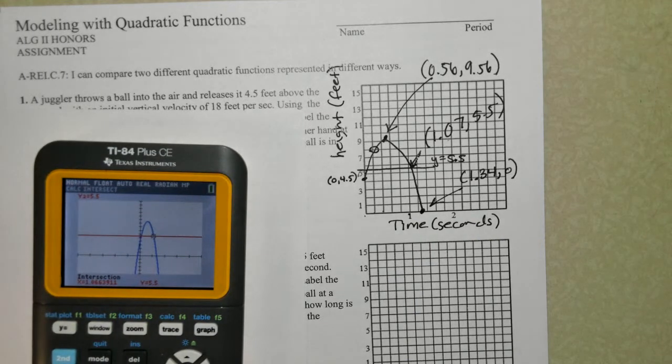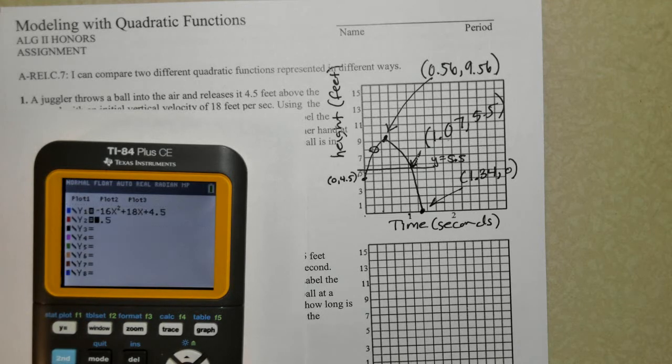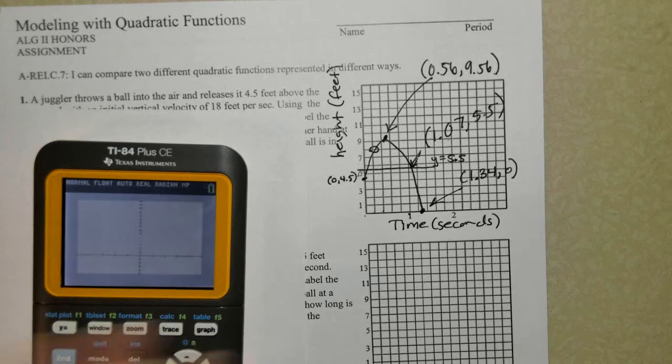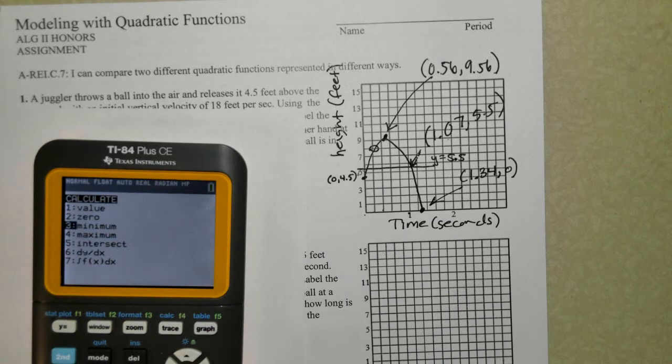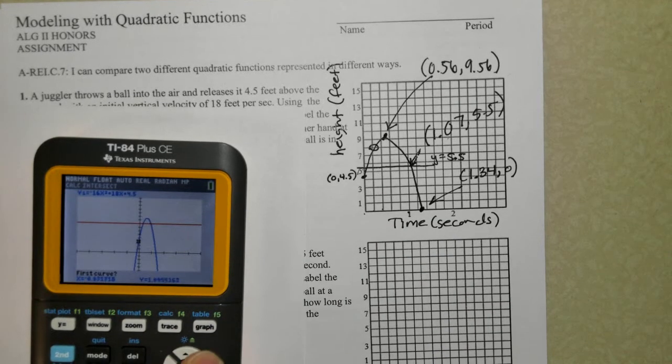Leonel, what would you do to find that? Just instead of putting 5.5, put 8. No, there's going to be 2 times when it's 8, when it's going up and when it's coming down. I want to know ascending, going up. So intersect.